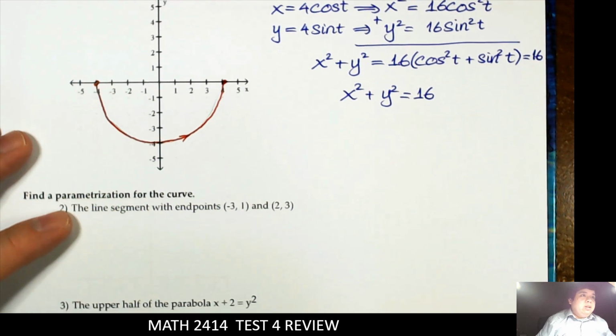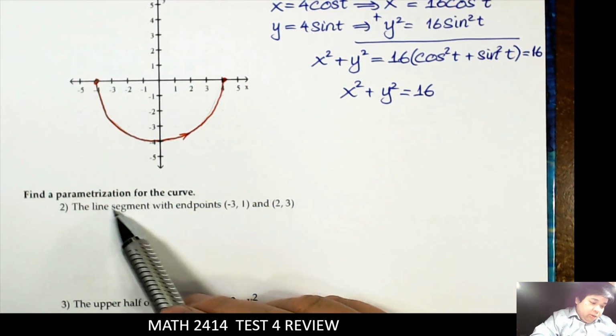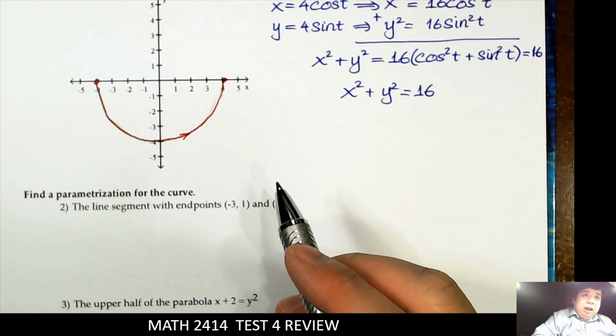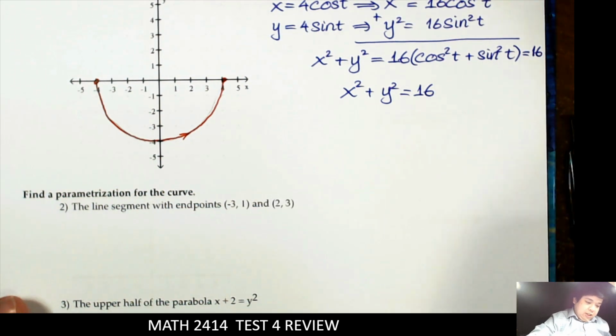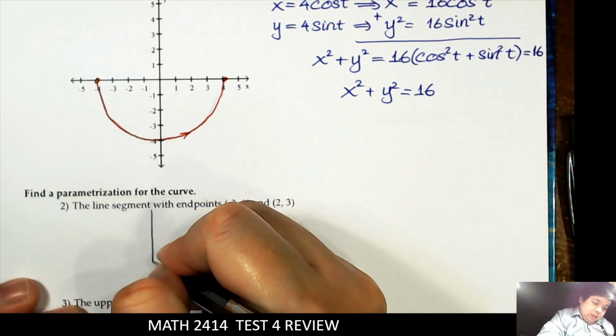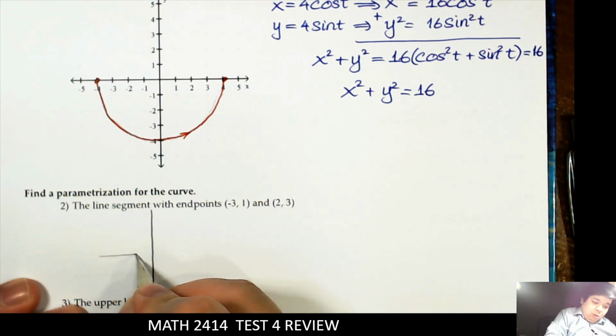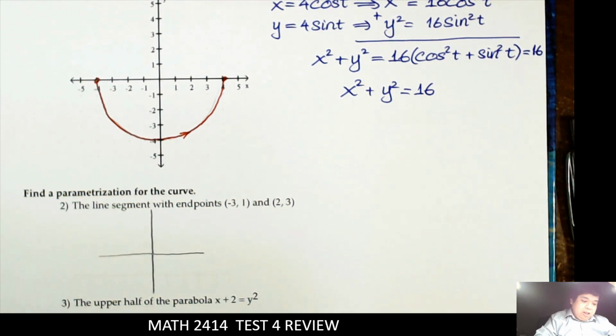Right. Next we have a line segment from the endpoint of -3 and 1, to 2 and 3. Let's just draw a little sketch here.